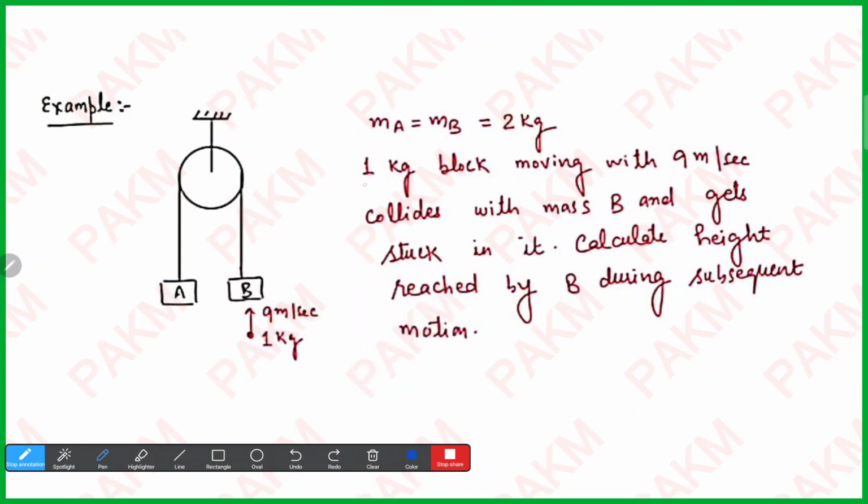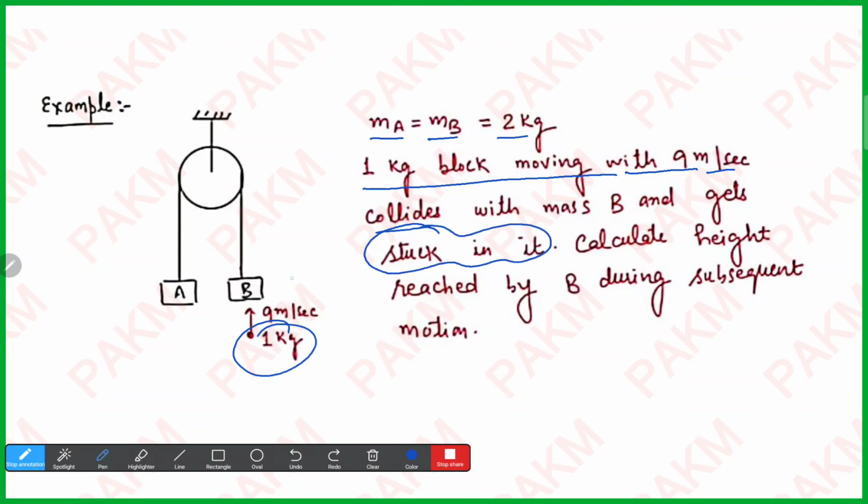So the question is: M_A and M_B, their respective masses, are 2 kg and 1 kg. The block is moving with 9 meters per second and collides with B and gets stuck into it.